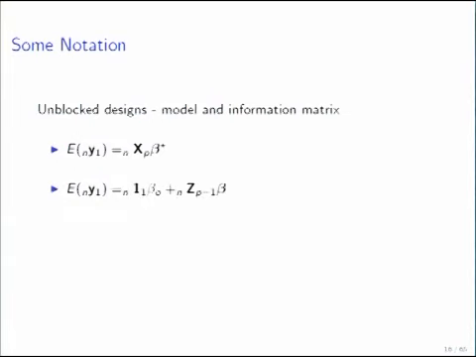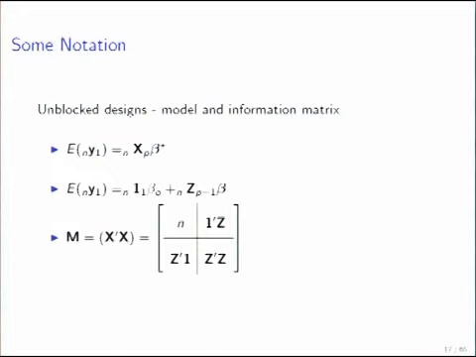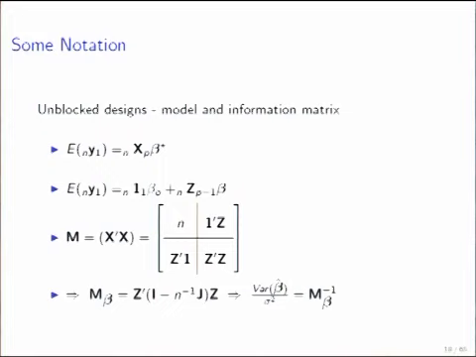I will write the model like that, and separate the intercept just to make notation easier. And so the full information matrix is given by that, and the information matrix for the parameters that we are interested in is given by this expression, and the variance of the estimators is proportional to the inverse of M beta.